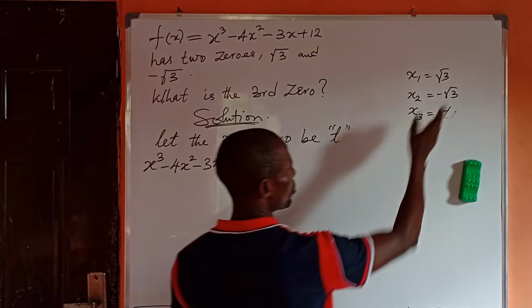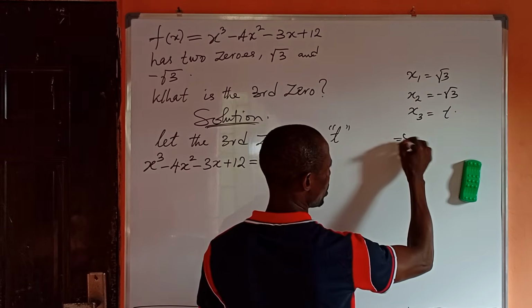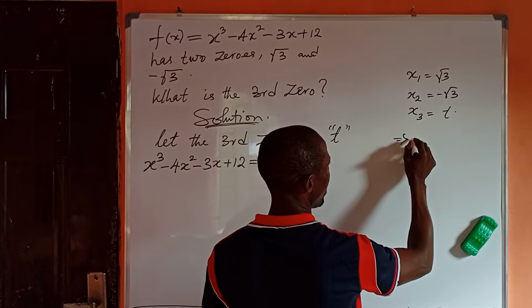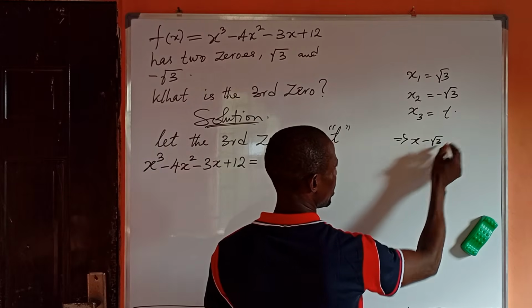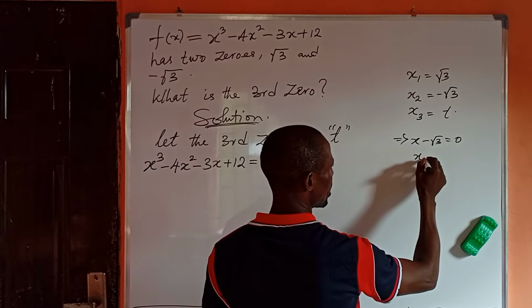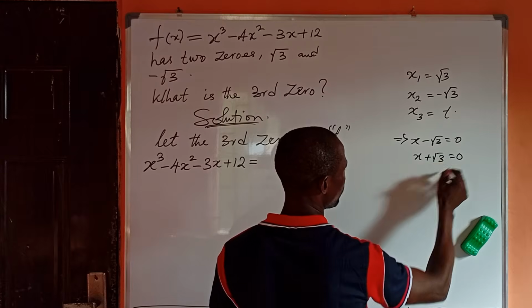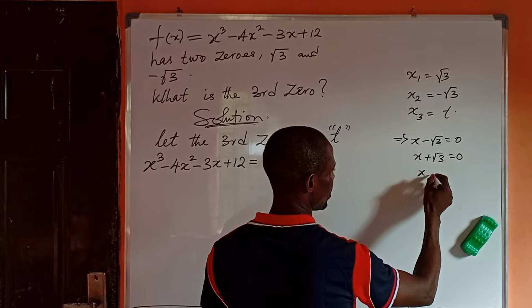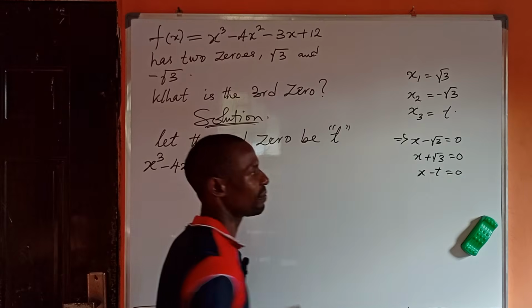So if we are to find the factors, move this to this side, move this to this side, move this to this side. And so this will give us x minus root 3 equal to 0, x plus root 3 equal to 0, and x minus t equal to 0. So these are the factors, right?